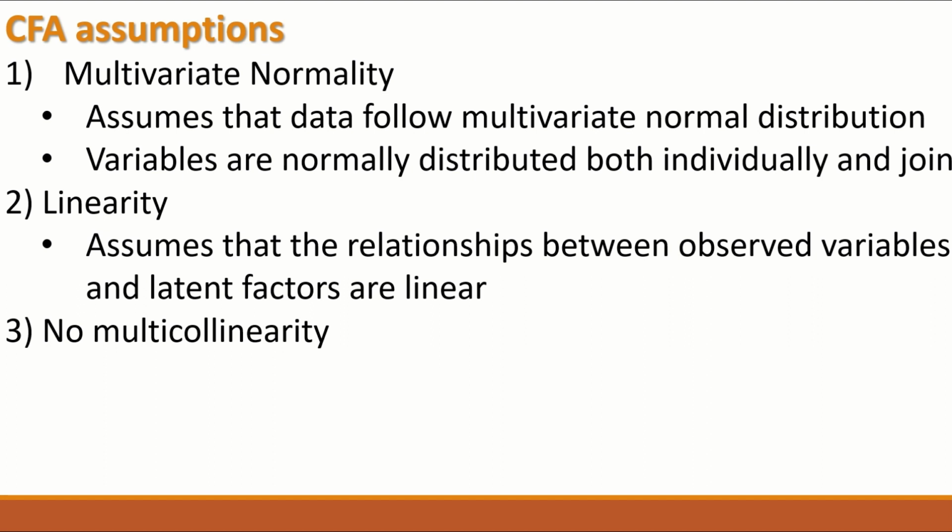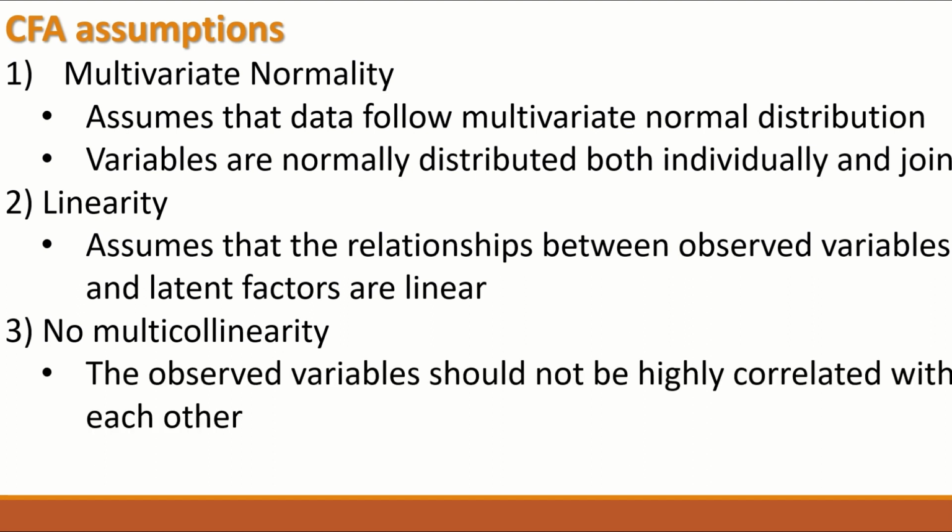The third assumption is no multicollinearity. The observed variables should not be highly correlated with each other, i.e., items within a factor or factors should not have a high correlation value or coefficient. The fourth assumption is absence of outliers.